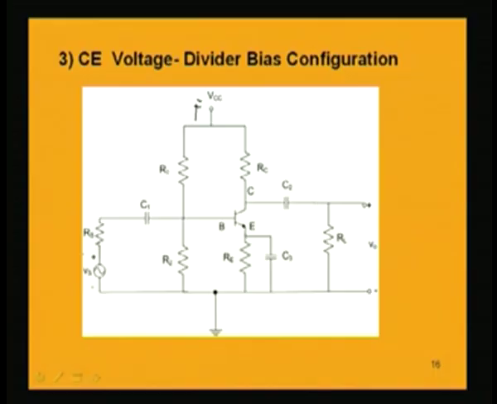So, we can find out any parameter for any biasing scheme amplifier proceeding in the same manner which we discussed today, even if some of the resistances may be absent. For example, if we have no resistance in the emitter, or it is simply connected to ground, then also we can find out the parameters.